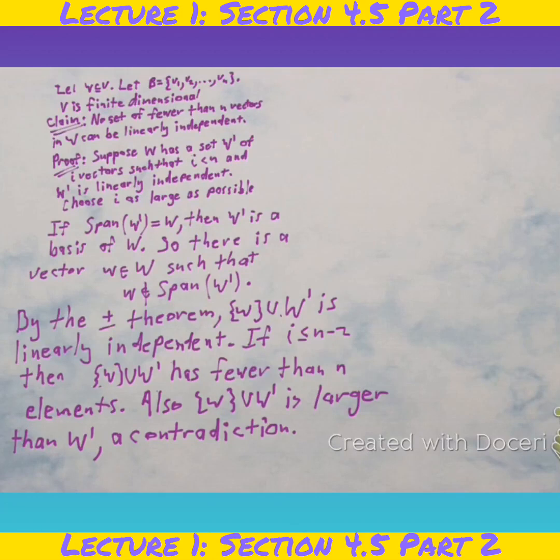Remember, we chose W prime to be the largest linearly independent set in the subspace W. But now I've found an even larger set, which is W prime with w added. So that set is still linearly independent, it has fewer than n vectors, and it is going to be larger than i, and that contradicts the way that we chose our original set W prime.